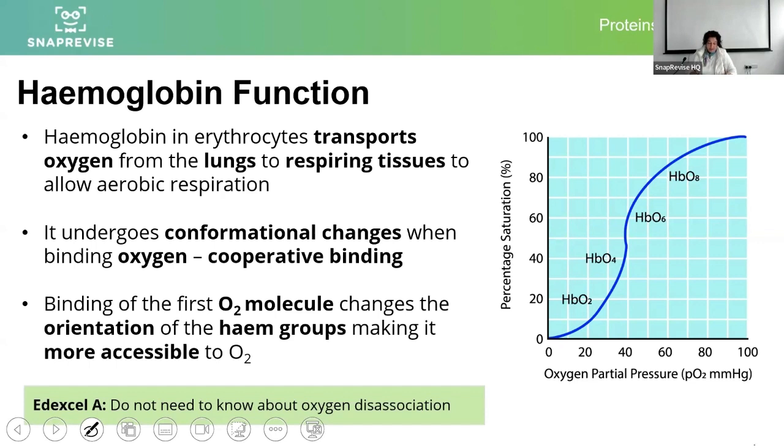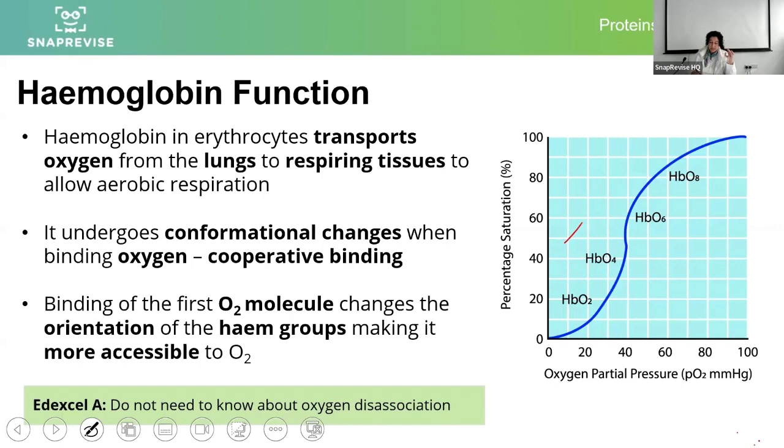It means that when we have low partial pressures of oxygen, the word partial pressure is just another word for concentration, but specifically for gases, the first oxygen molecule is going to bind slower.